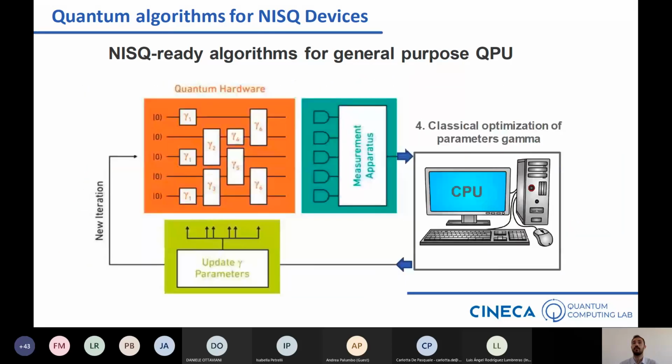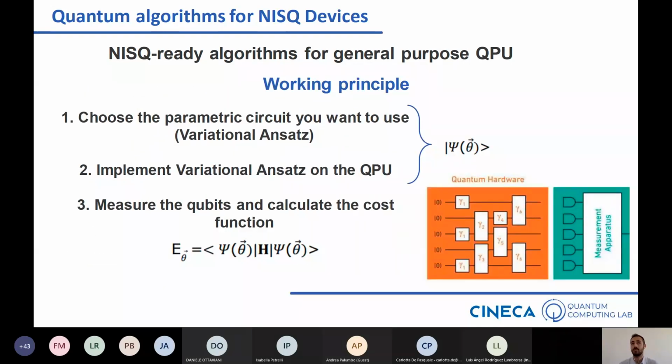The cost function depends on the task that you're trying to solve. What you usually do here is measure like we did yesterday. You measure the qubits in the Z basis, you get 0s or 1s, for example, and depending on your outcome, you compute some cost function that is a function of your output string. This is the general formula.